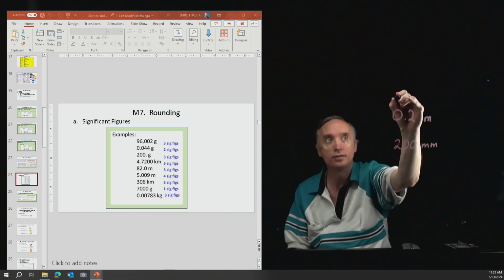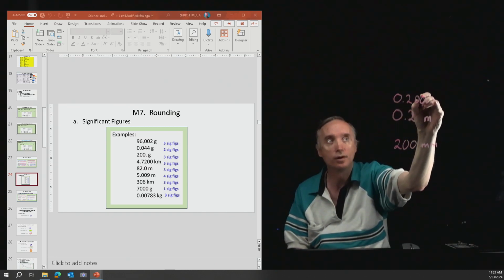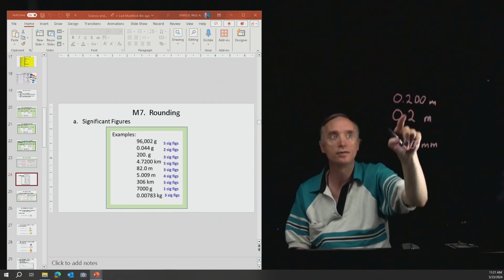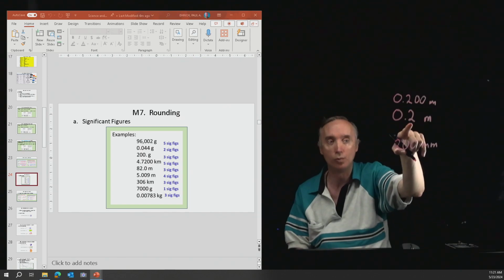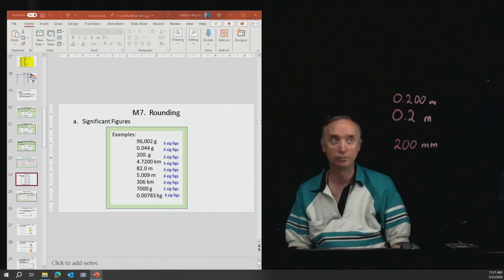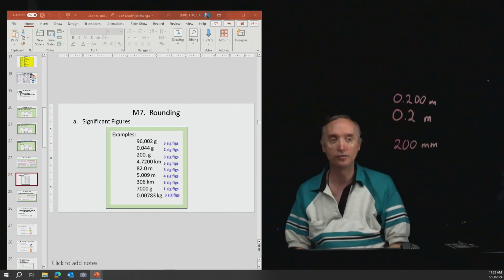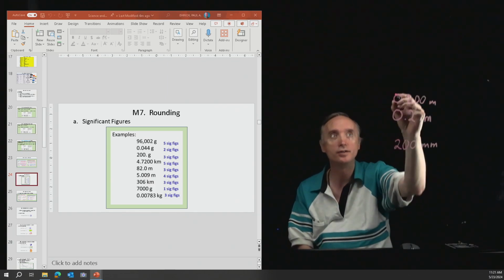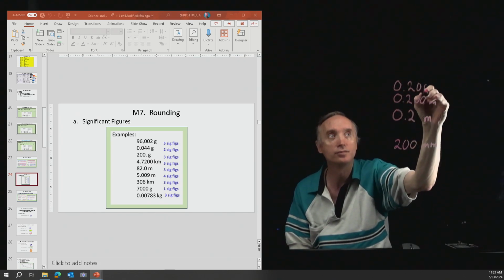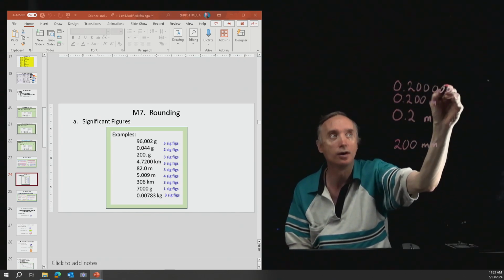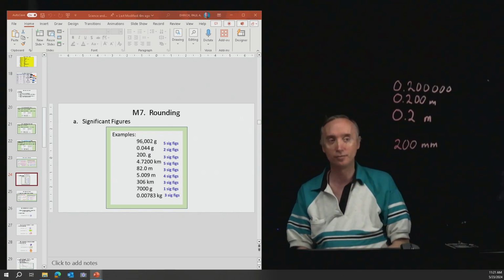So you would say that it's 0.200 meters, and this is good to 3 significant figures, and the other is good to only 1 significant figure. Well, if having 3 significant figures is good, then why didn't you just say that it was 0.200000? If 3 is good, then 6 is even better.